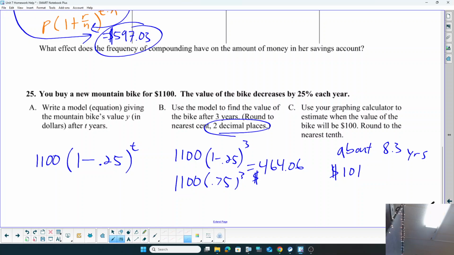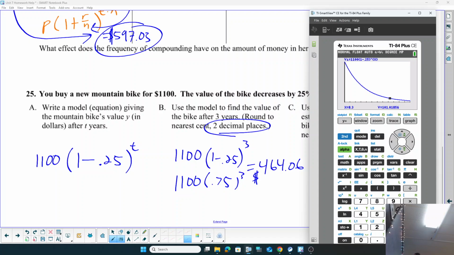So that's pretty close. It's tricky. You can do it with the X, but it's tricky with the Y value to predict. So you'd have to do another value, like 8.31, 8.32. And that's closer.